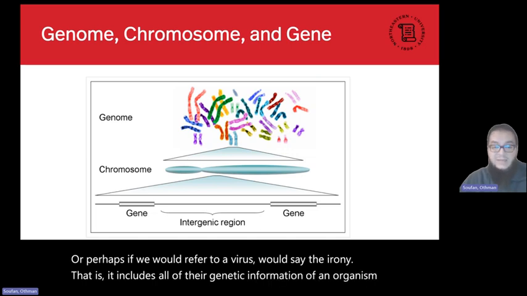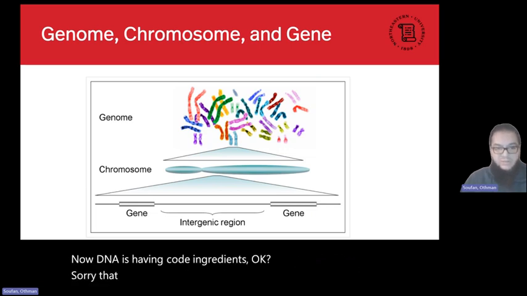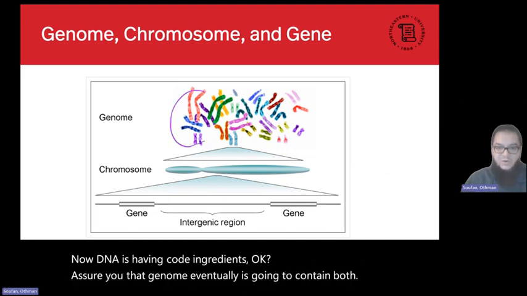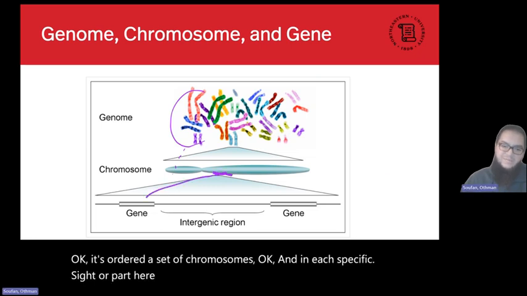Now, DNA has coding regions. Sorry, the genome eventually is going to contain both. It's ordered as a set of chromosomes, and in each specific site or part, we will have some coding and non-coding regions.